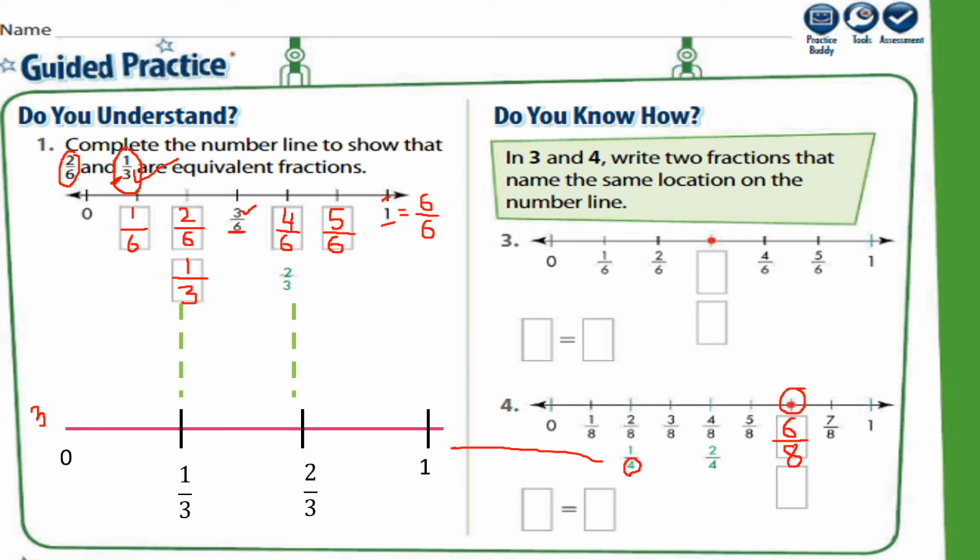So the first part will be 1/4, the second part will be 2/4, and the third part will be, excellent, very good, 3/4. So you can write 6/8 is equal to 3/4. Very good.